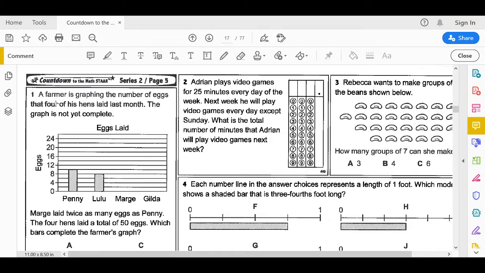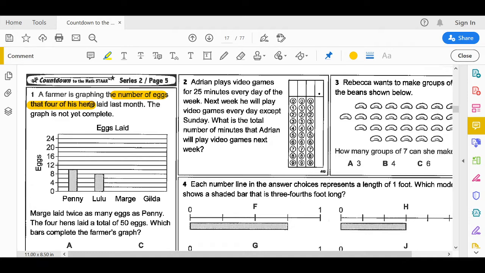Number 1. A farmer is graphing the number of eggs that 4 of his hens laid last month. The graph is not yet complete, so let me just highlight the first part of information here. The number of eggs that 4 of his hens laid last month.